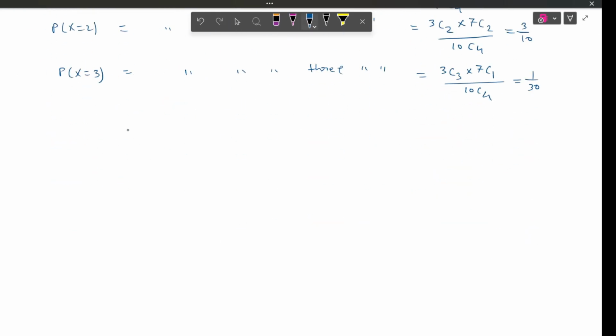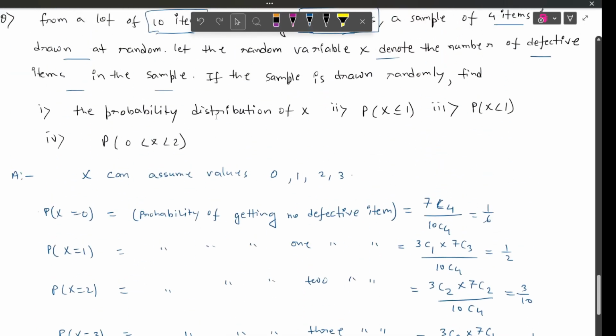So what will be our probability distribution table? X can assume 0, 1, 2, 3, and probability of X we have calculated 1 by 6, 1 by 2, 3 by 10, and 1 by 30. So we have found the probability distribution table.